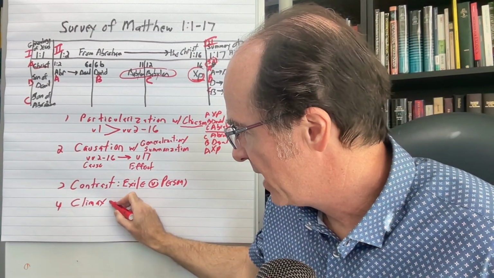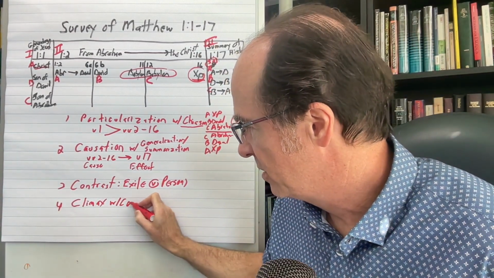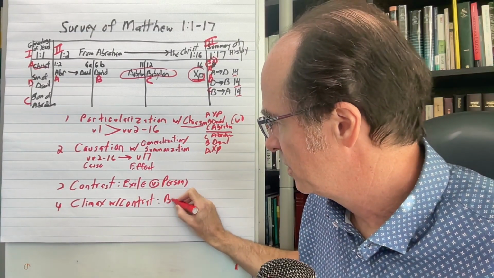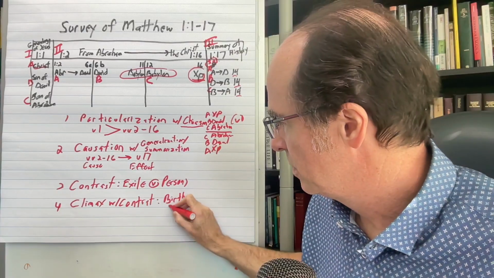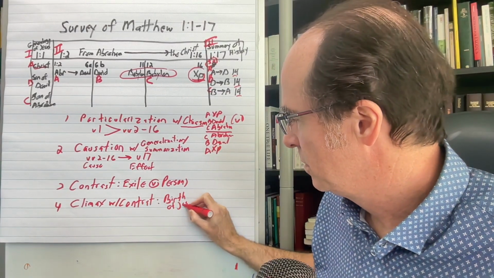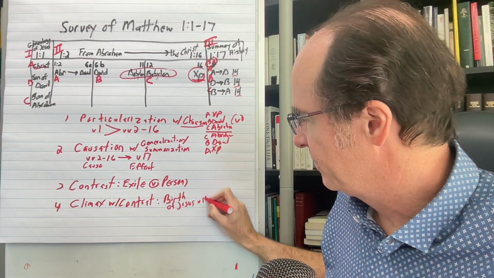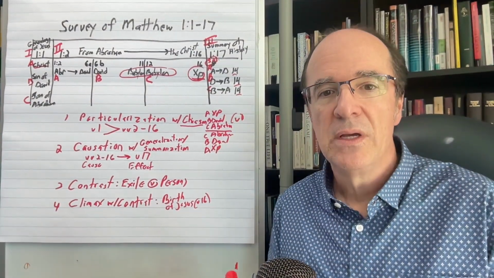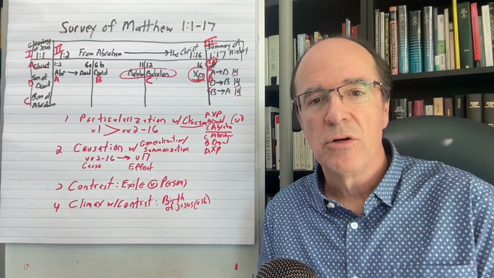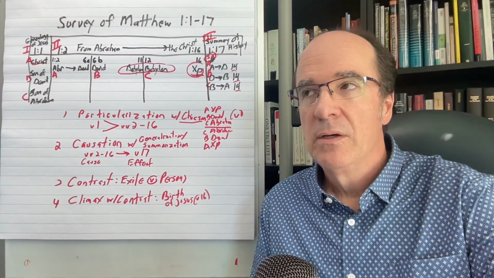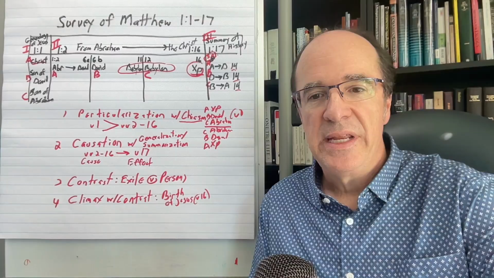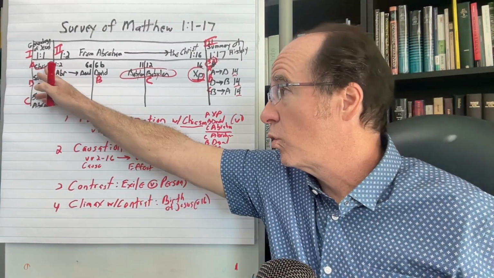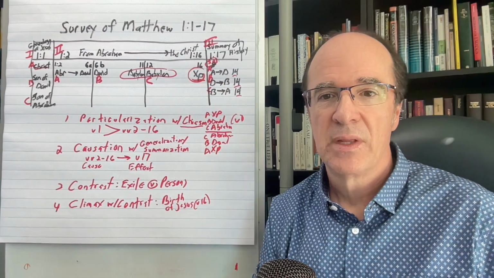So we have a climax with contrast involving the birth of Jesus in verse 16. And it's clear from the genealogy here that this is the point, right? It moves from Christ to Christ.